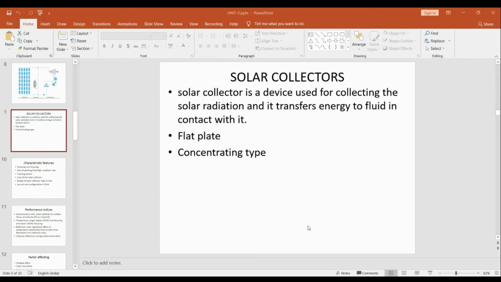It will satisfy only the minimum temperatures. But the concentrating collectors will easily achieve the maximum temperature. If the flat plate collector takes 2 hours, concentrating collectors will take only 30-40 minutes. So this is the difference: concentrating collector is more efficient than flat plate collector, right? So straight away we will move towards the topic: concentrating collector.